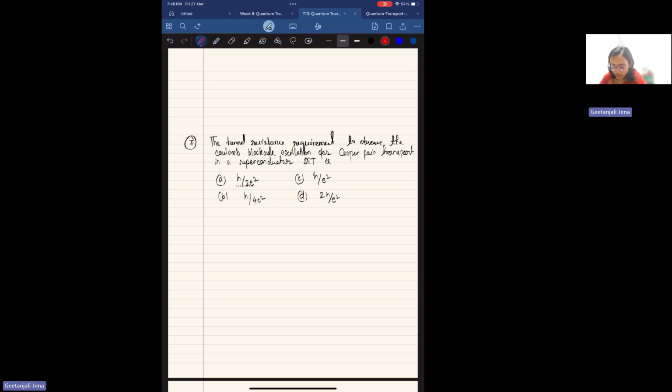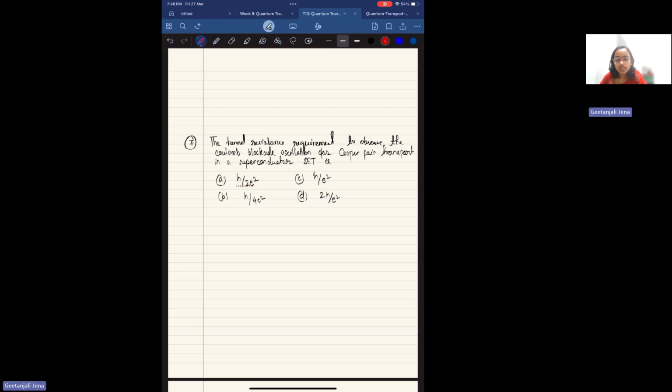Option A, h by 2e squared, option B, h by 4e squared, option C, h by e squared, or option D, 2h by e squared. Which of these is the minimum tunnel resistance requirement to see the Coulomb blockade oscillation for a Cooper pair inside a superconducting SET?